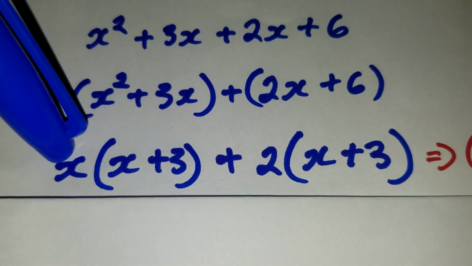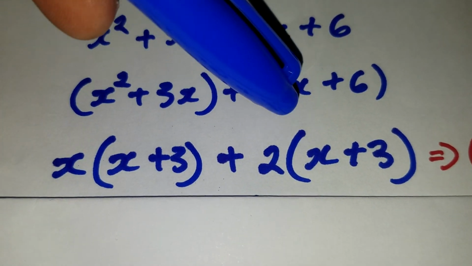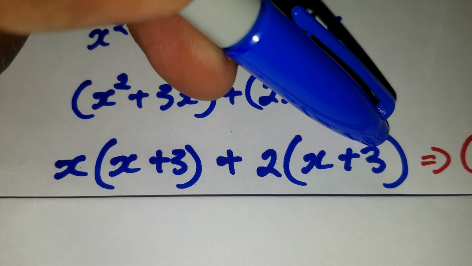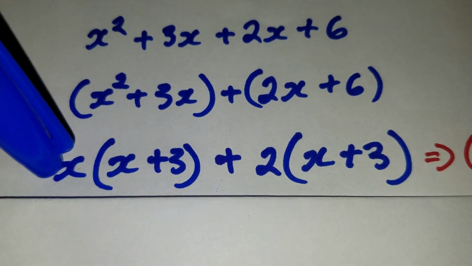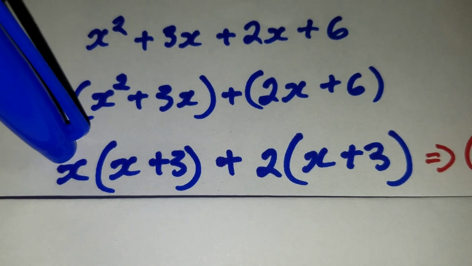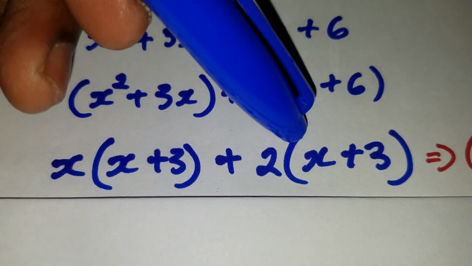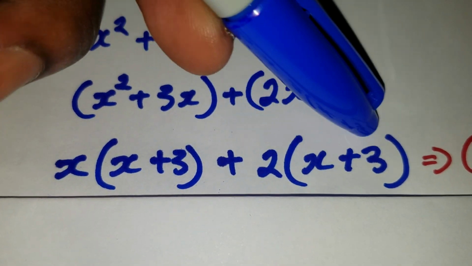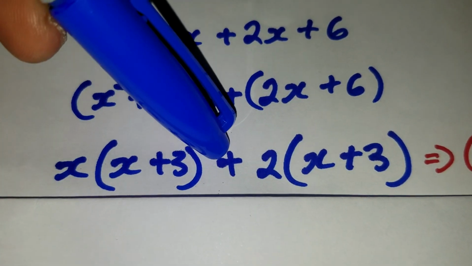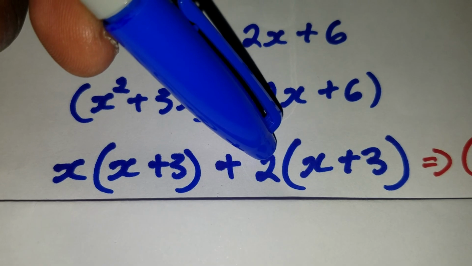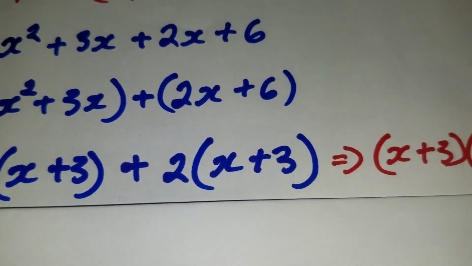So the common term here is x plus 3, and the common term here is also x plus 3. So we're going to factor out x plus 3 out of this, and we're going to be left with x. Plus, we factor out x plus 3 out of this term, and we're going to be left with 2. So it's going to be x plus 2 multiplied by x plus 3.